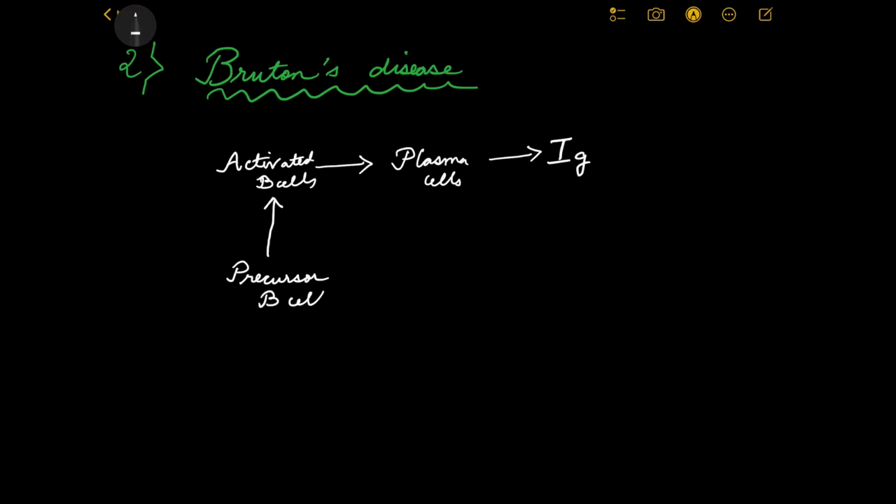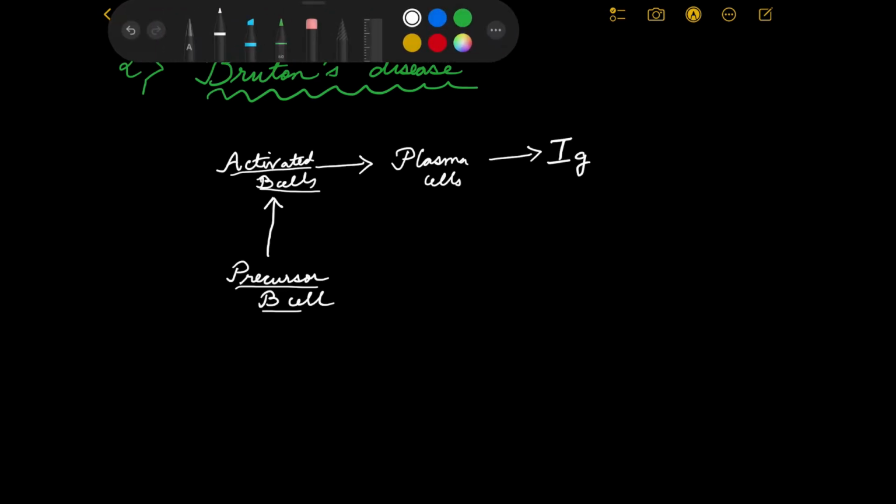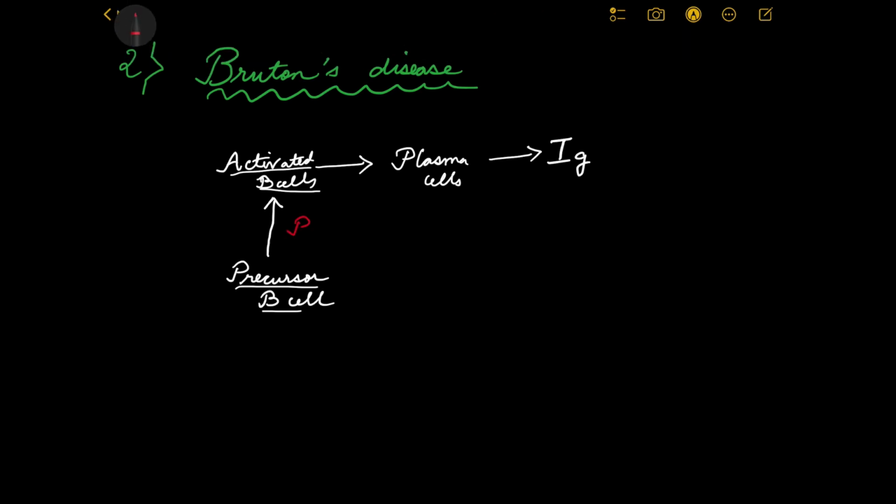So this is more or less the pathway. Now from precursor B cell to activated B cell, to activate the B cells, we need an enzyme. That enzyme is B cell tyrosine kinase.